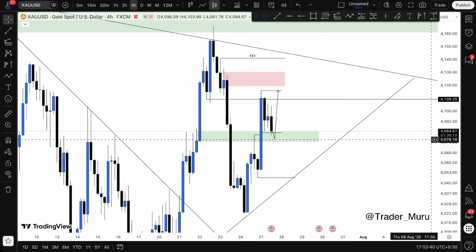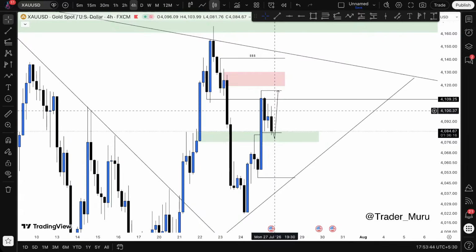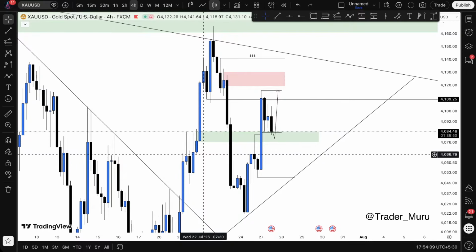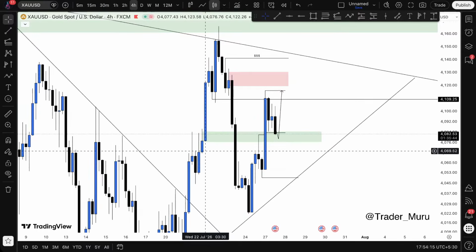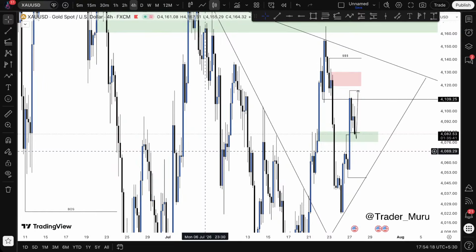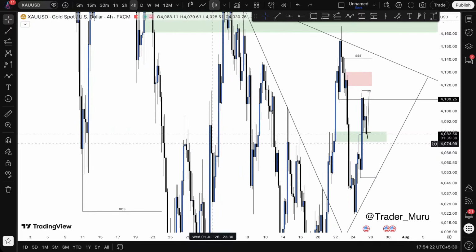Price is already testing 4-hour FVG. So from here it can go bullish. This is the same area.